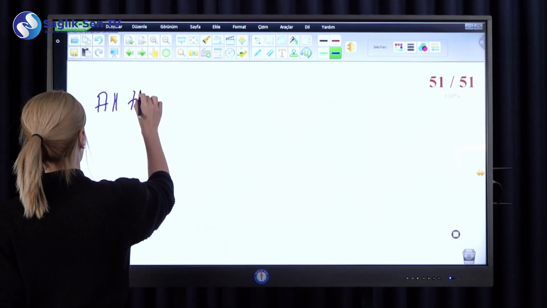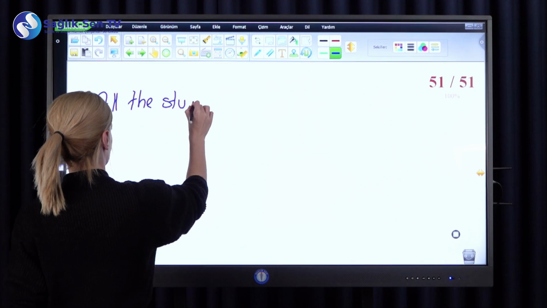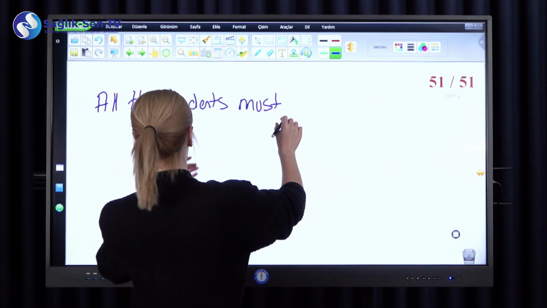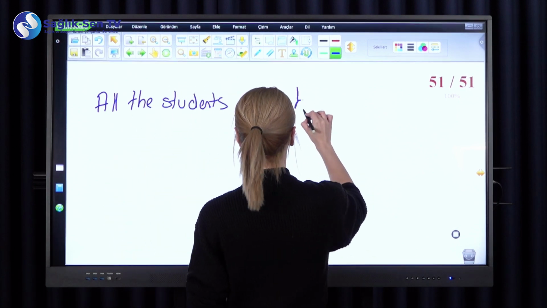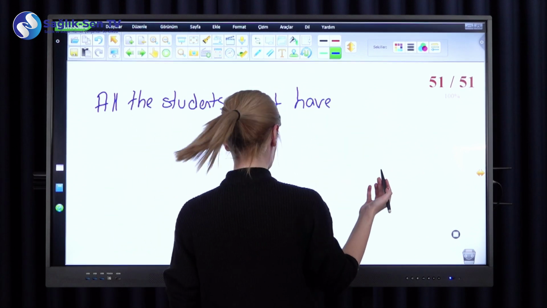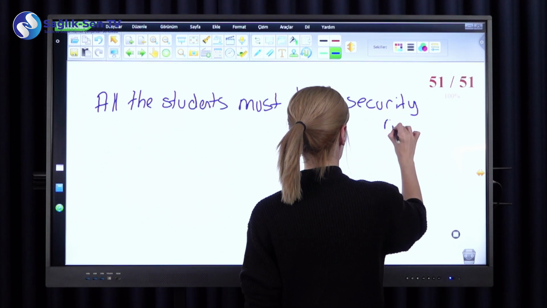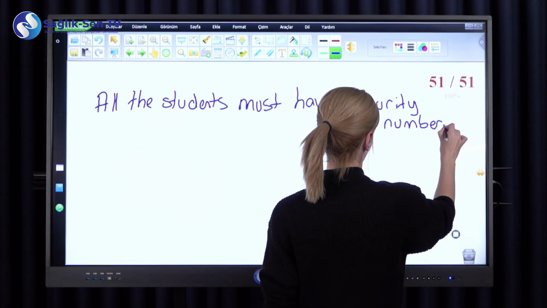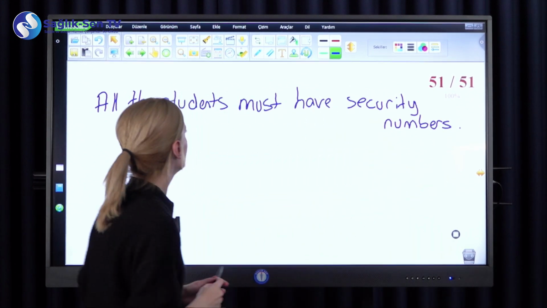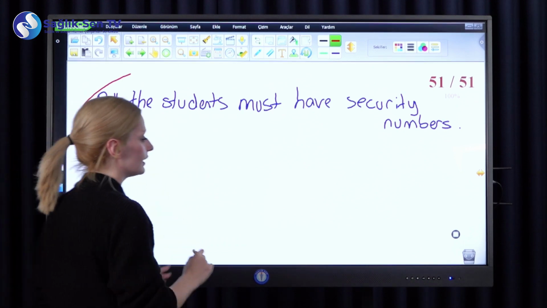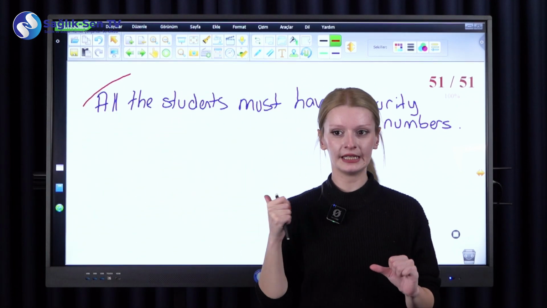All the students must have security numbers. This is an exception we're talking about. We actually explained it.